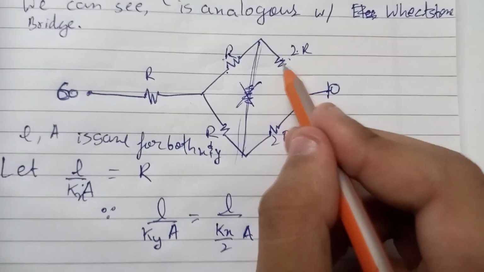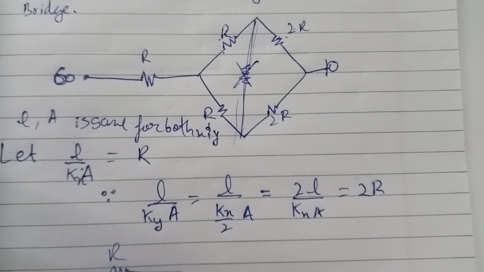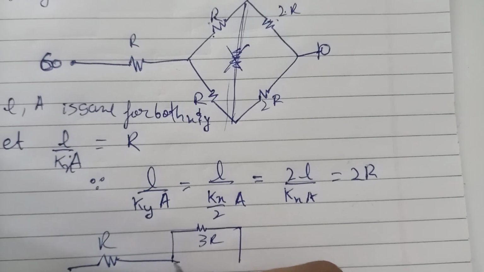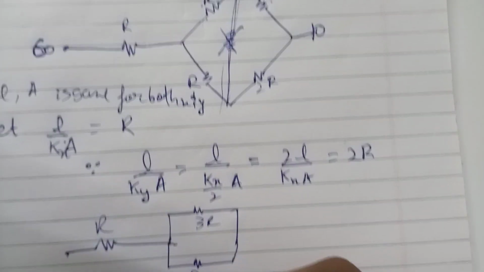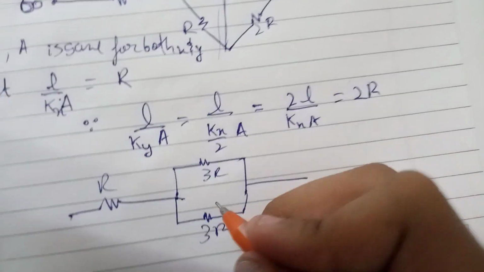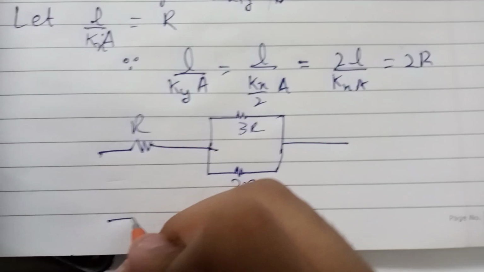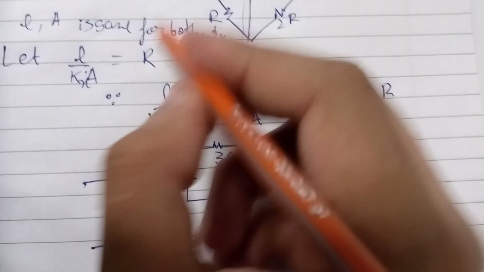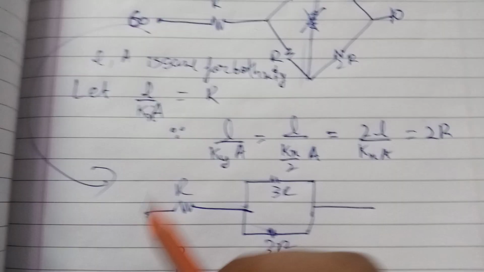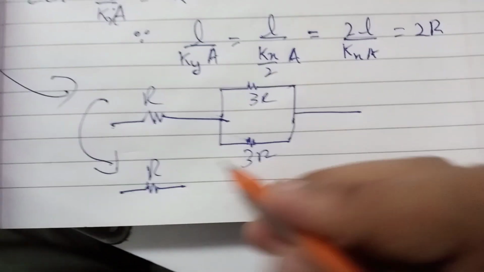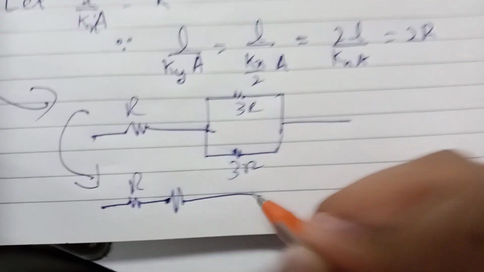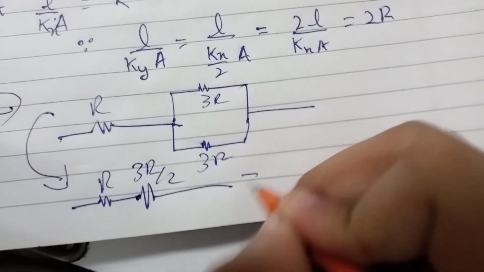Okay, so this circuit is equivalent to this. Since there is no junction here, these are in series, 3R, 3R. Now we can add this as well, since these are in parallel, so this becomes this, and this becomes this, which will be equivalent to 3R by 2.